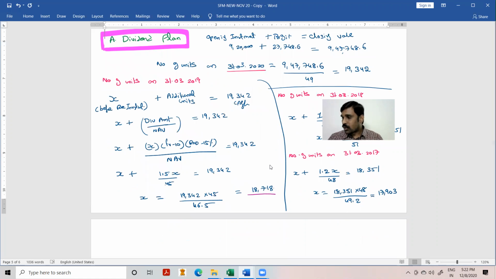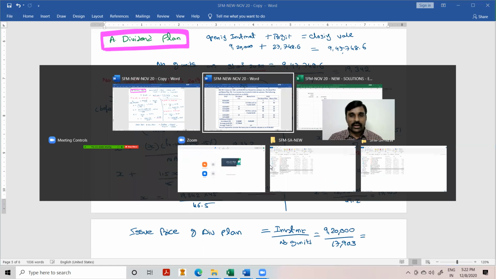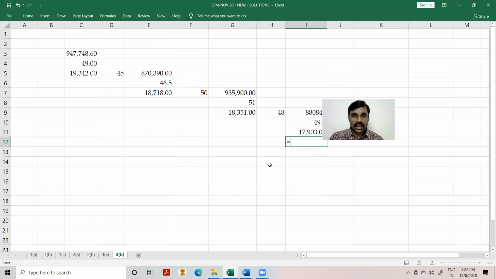Now you can get it. So the issue price of the dividend plan is equal to the total investment amount divided by the number of units. 9,20,000 divided by 17,903.